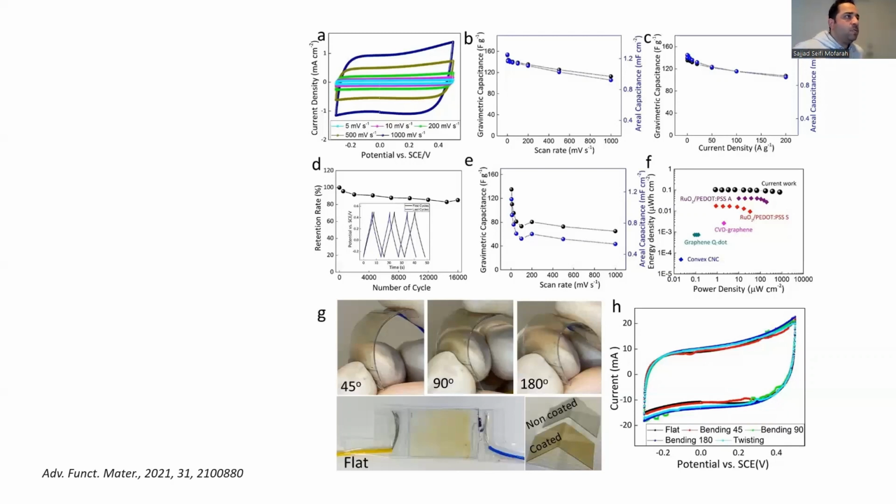In figure C, we see gravimetric and areal capacitances as a function of current density, and figure D shows a stability performance at a current density of 10 ampere per gram. The interesting thing about this figure is that we ran this test for 16,000 cycles, and after 16,000 cycles, the capacitance retention was around 90%, which is really, really high.